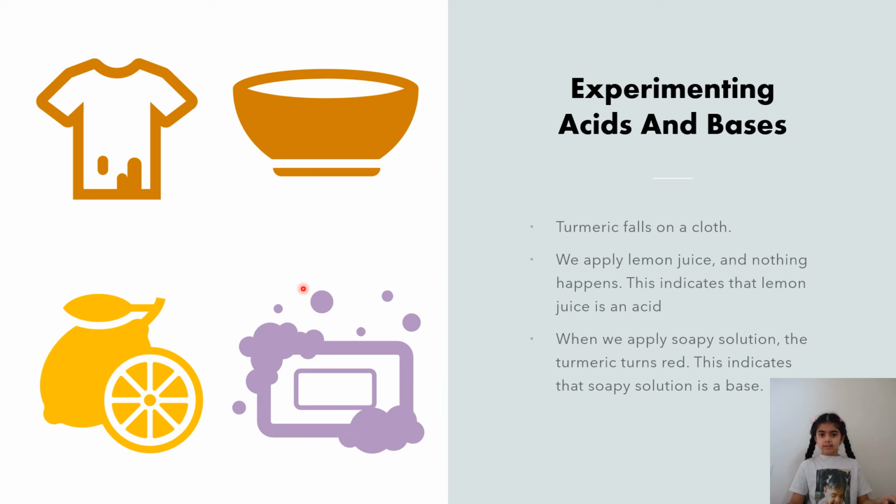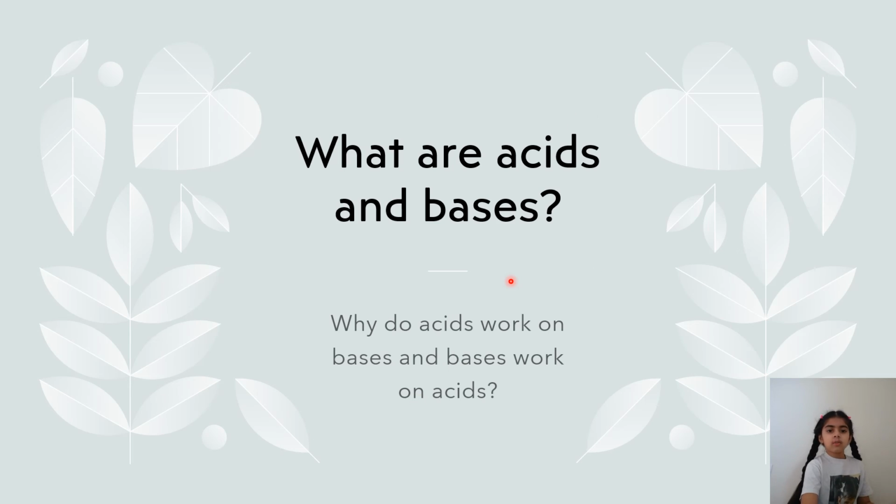But remember, those are not the only acids and bases. There are many acids and bases. What are acids and bases? We already covered that topic in the last few slides.